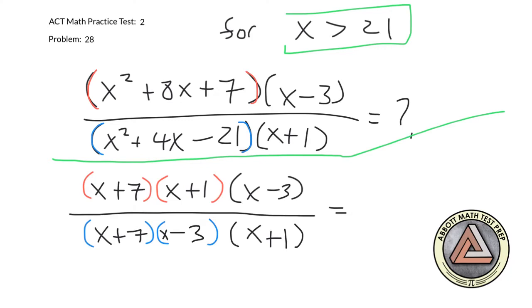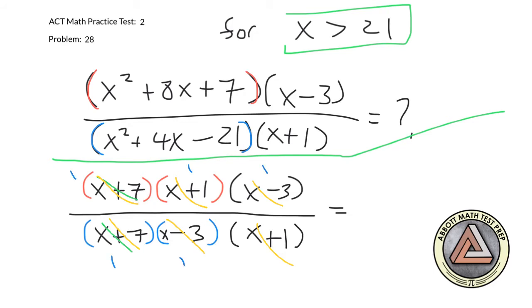Right. Okay, now many of you at home can probably see, well, we have cancellations all over the place. It's amazing. We got x plus 7 canceling with that. I'll do it in yellow. We got x plus 1 canceling with that. We got x minus 3 canceling with that. Now, it's important to remember, when you cancel stuff, what happens? Well, it all turns into 1.